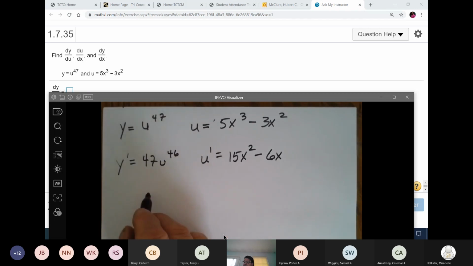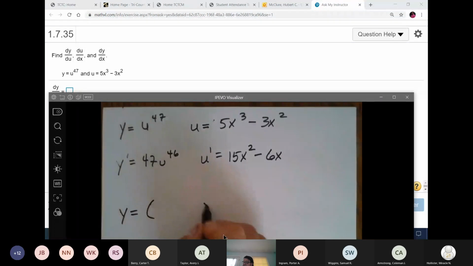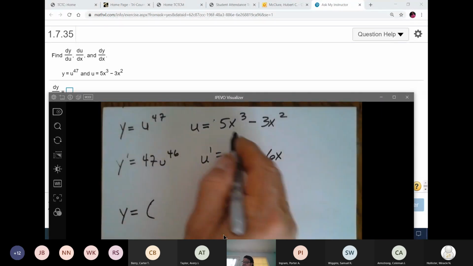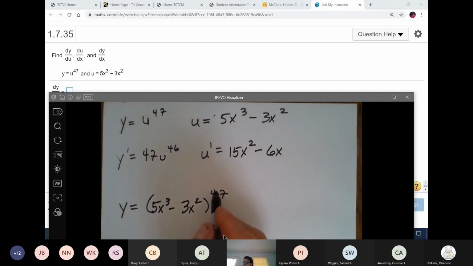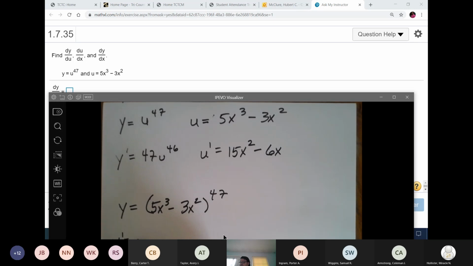Another thing you could do is take y equal to u to the 47th and plug in 5x cubed minus 3x squared. So y prime would be 47 times (5x to the 3rd minus 3x squared) to the 46th power times (15x squared minus 6x).